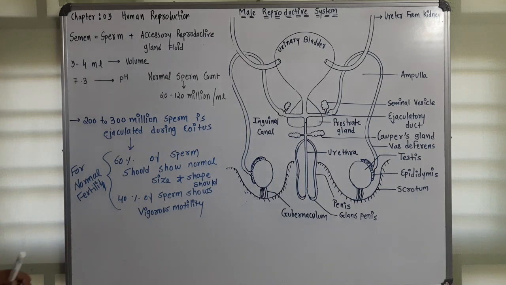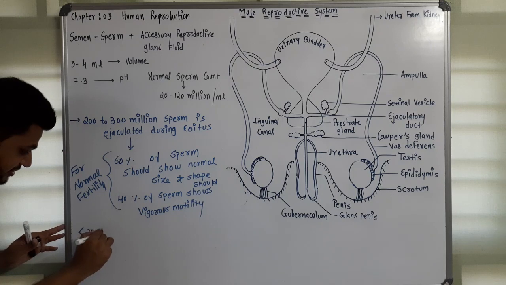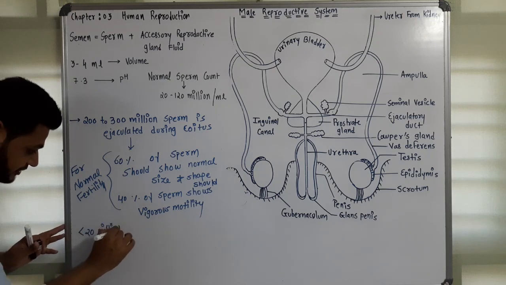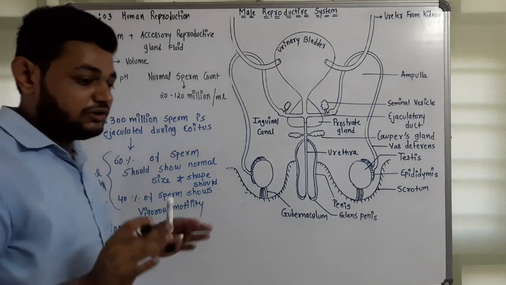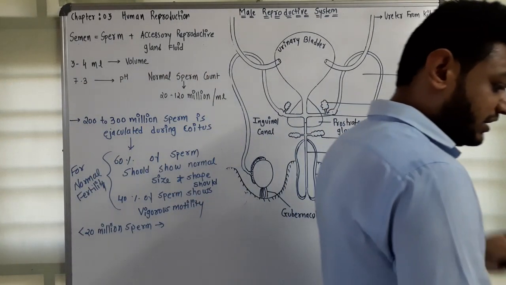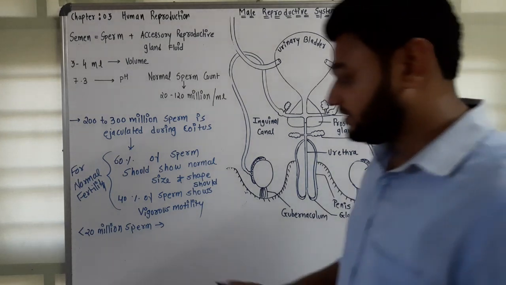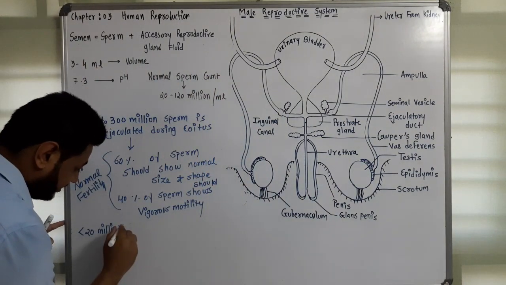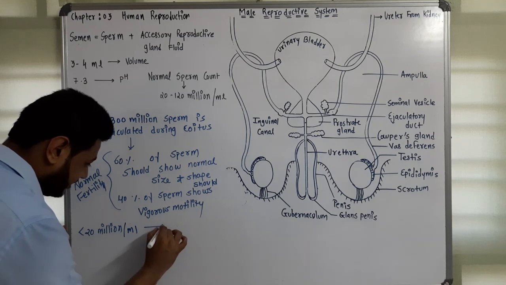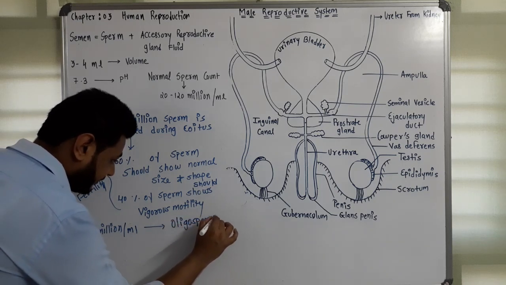Now what happens if there is less than 20 million sperm count? Then it is referred to as oligospermia. You have to remember, if the count is less than 20 million sperm per ml, and this is per ml, then it is referred to as oligospermia.